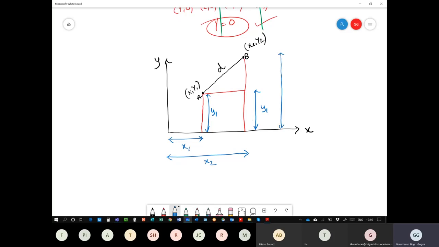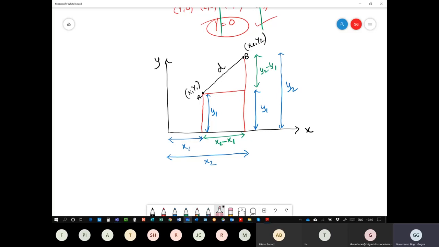Similarly, this distance is y2, because the y coordinate of point B is y2. And if you understand all these distances, this distance would be x2 minus x1, and this distance would be y2 minus y1.